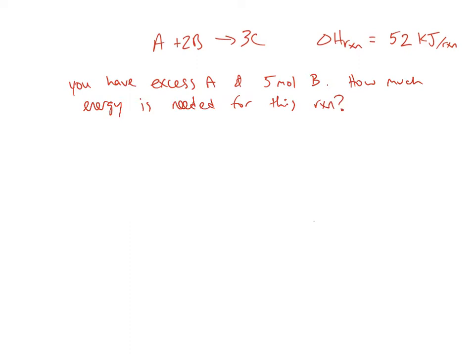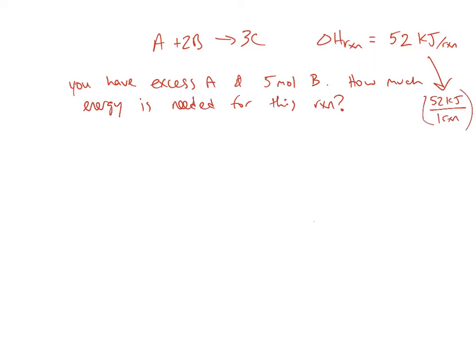This is now where we're blending our stoichiometry skills with our understanding of thermochemistry. The first thing to recognize is that my enthalpy of reaction is also a conversion factor. This could be 52 kilojoules per 1 reaction.